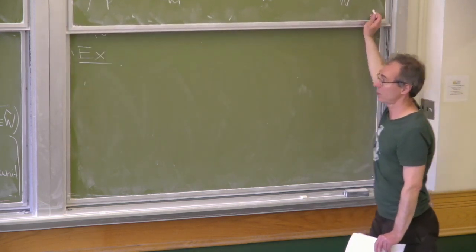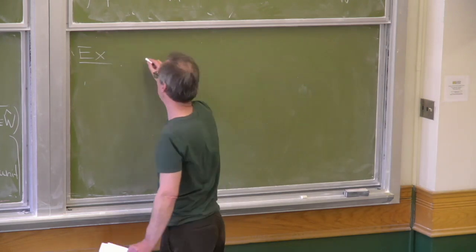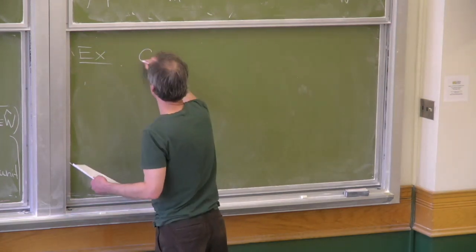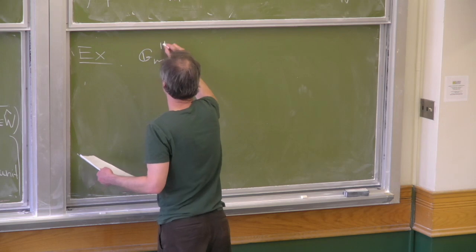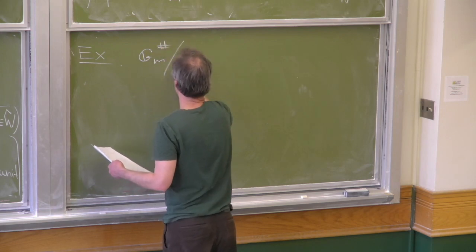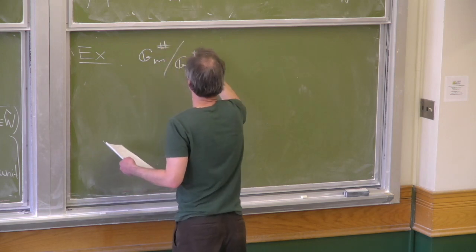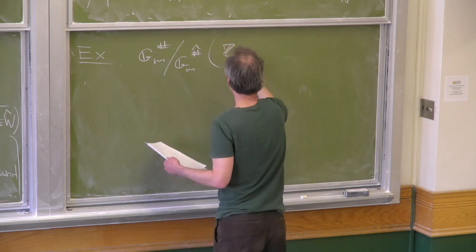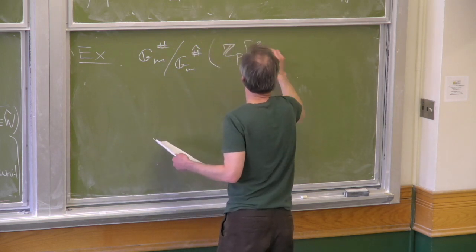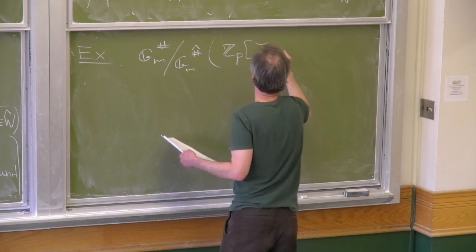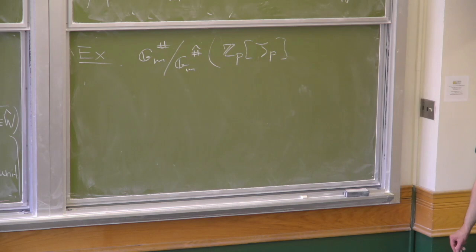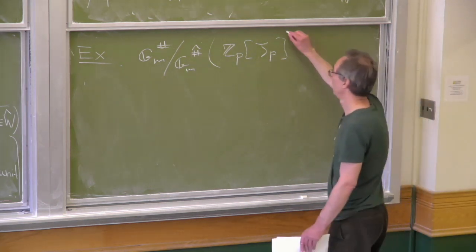And so here is an example. Suppose that we consider this quotient for the following ring. I take Z_p and I add zeta_p, the cyclotomic extension of degree p minus 1.